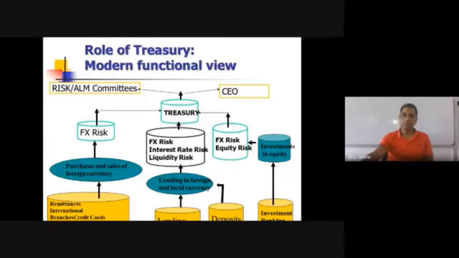Foreign exchange risk related to the market, interest rate risk related to the market, equity risk related to what the market risk might be. There are other risks as well, but the main risks the treasurer is looking at are market risk and liquidity risk. How do market risks impact the bank with all these different activities the bank does?